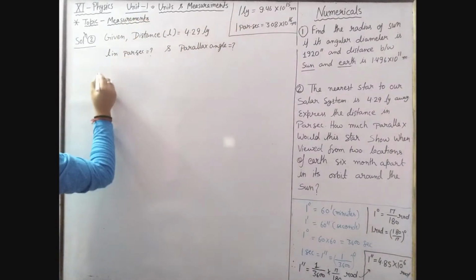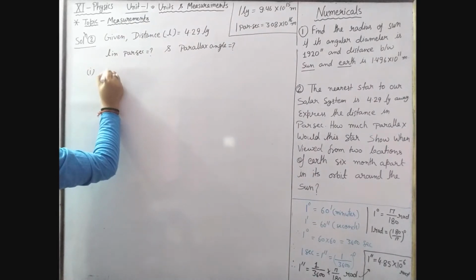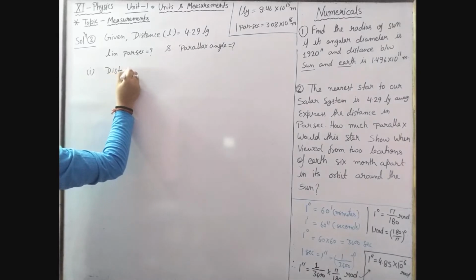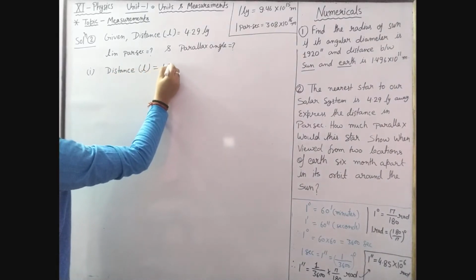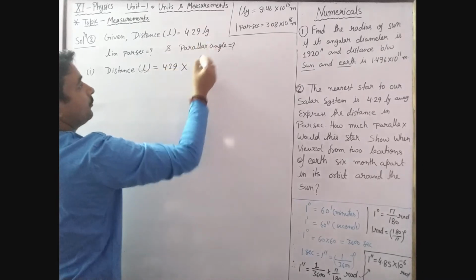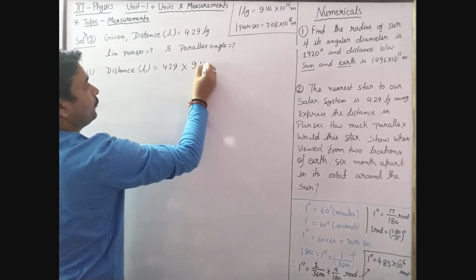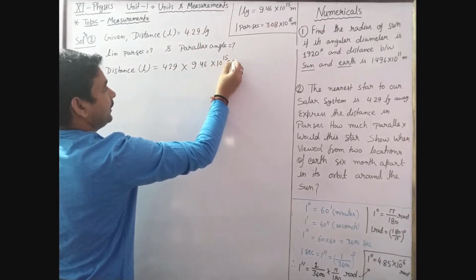So we get from here first distance L is equal to 4.29 into the value of light year, 9.46 into 10 to the power 15 meter.